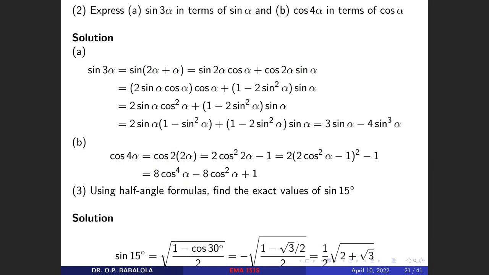Okay, this is another exercise for us to do. Express sine 3 alpha in terms of sine alpha and cos 4 alpha in terms of cos alpha. Can someone tell me what formula we are going to be using here? For 3 alpha and 4 alpha, what formula are we going to be using?